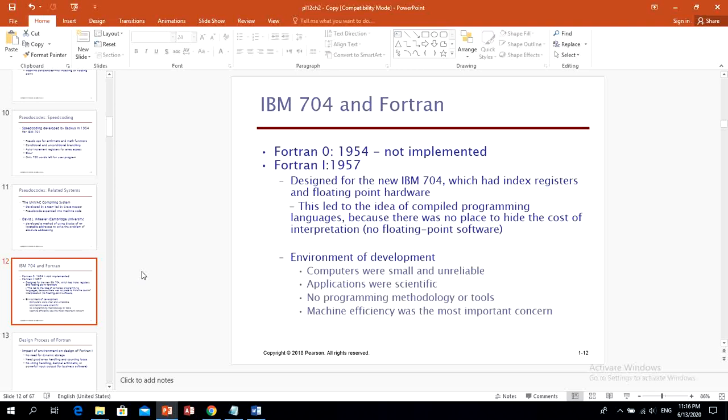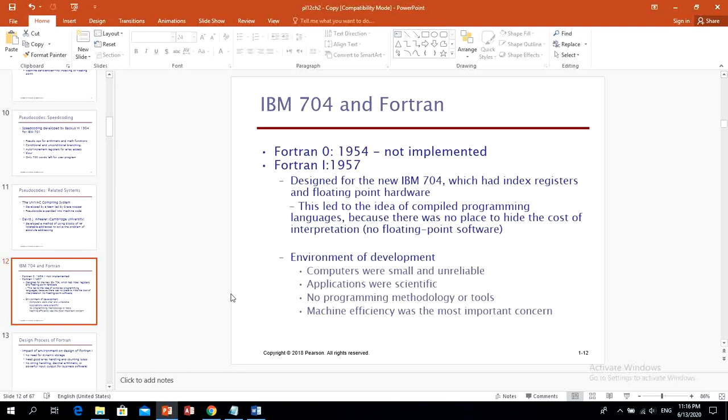As we will see here, Fortran 0, which was developed in 1954, was not implemented. So it was kind of put aside, and some features were taken from it to develop Fortran 1, in 1957.